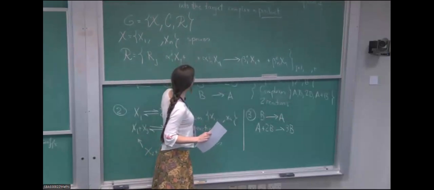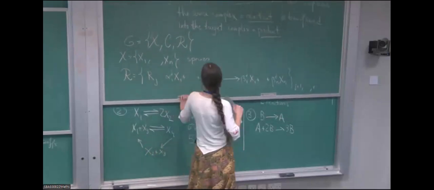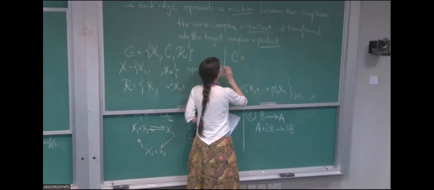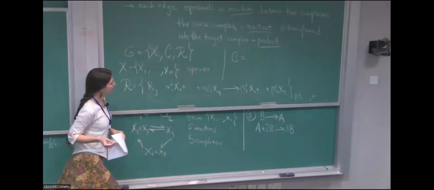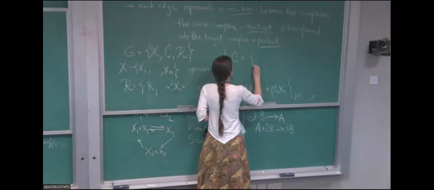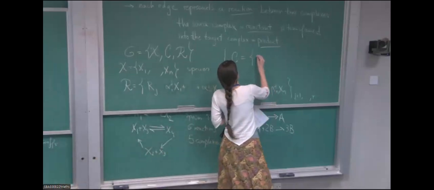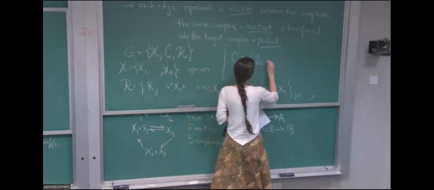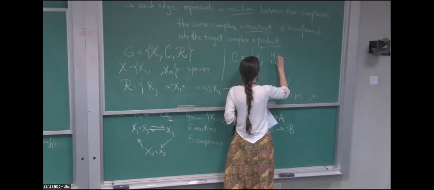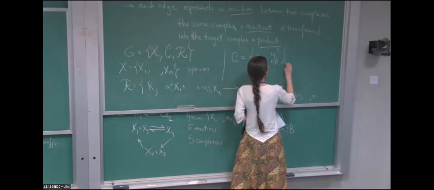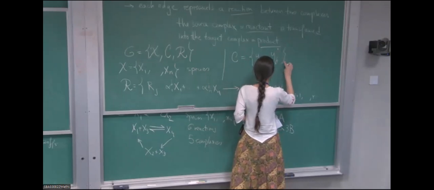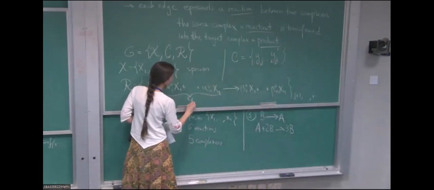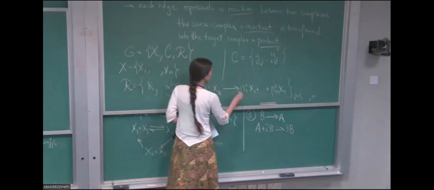And then, maybe I put it here. D will be the set of complexes. So it will be the set of linear combinations, either written like this or like this, such that this is the source complex.